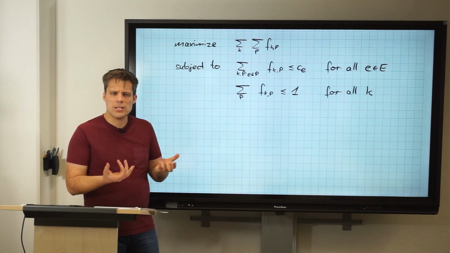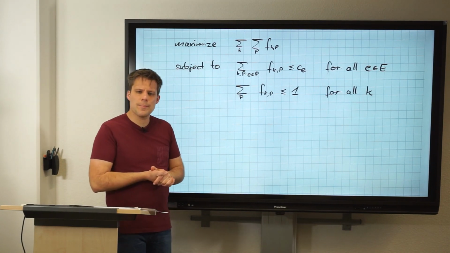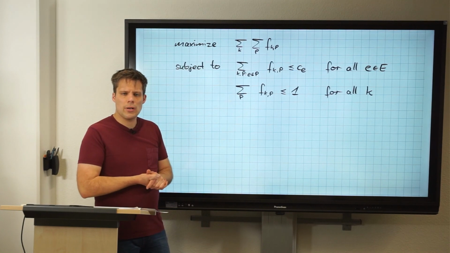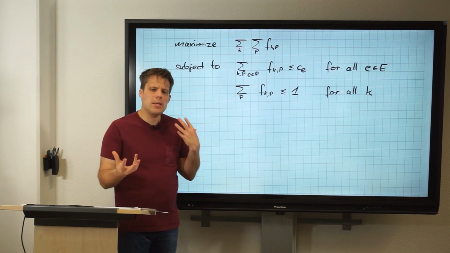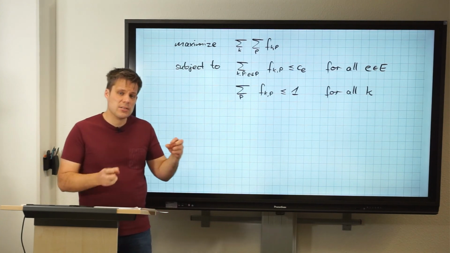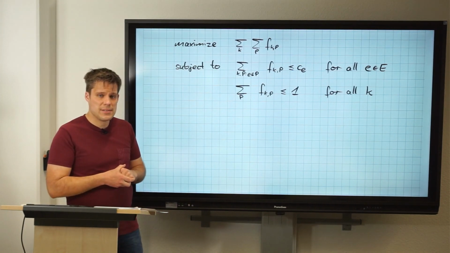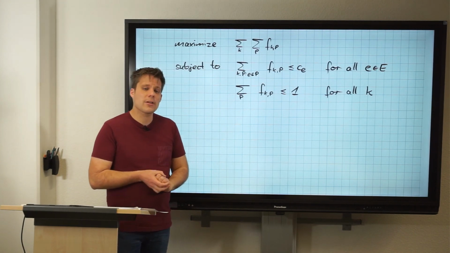I think I didn't mention this explicitly. Of course, you can also leave this out if you don't want this to happen, depending on your perspective on the actual problem, because maybe you want to eventually end up with an integral solution where you just connect sources and sinks via disjoint paths. Then you certainly would want this kind of a constraint.